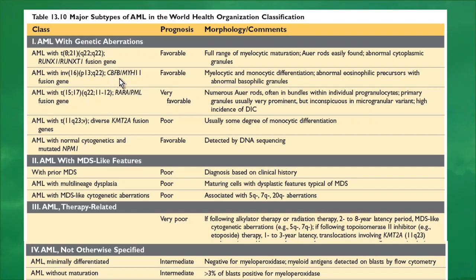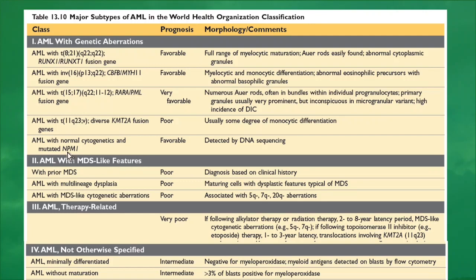Here the CBFB component joins with MYH11. The other important one is AML with translocation 15;17 or PML-RARA fusion gene. Since this has a propensity to produce pro-thrombotic cytokines, there is a high incidence of DIC in promyelocytic leukemia.